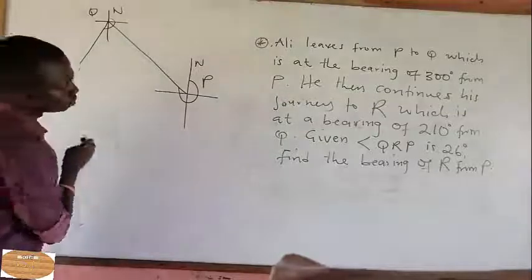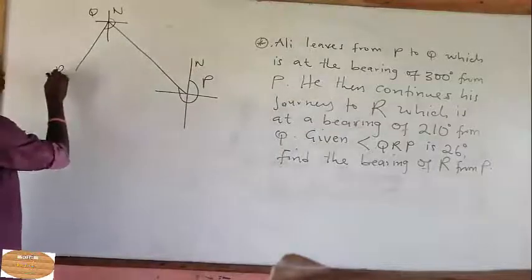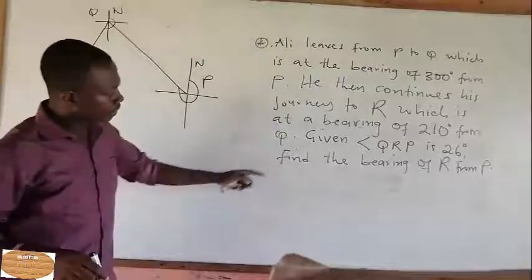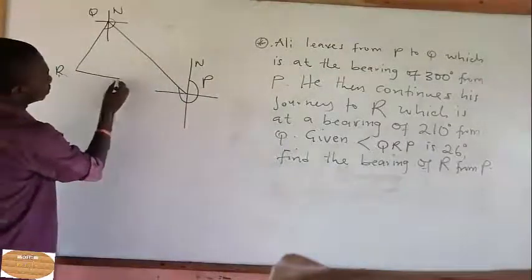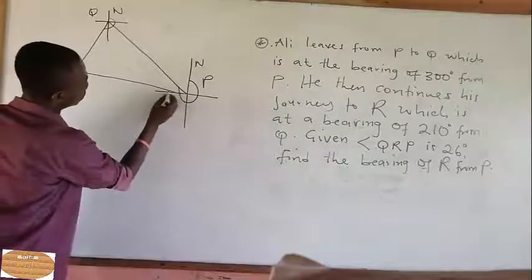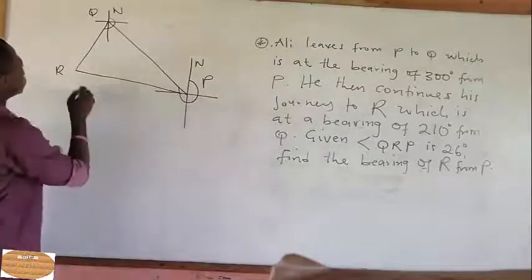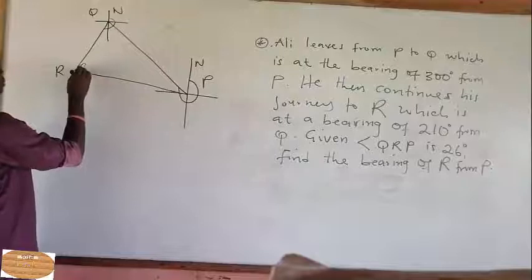So this is R. Given angle KRP, let me turn this one, so this angle is 26.